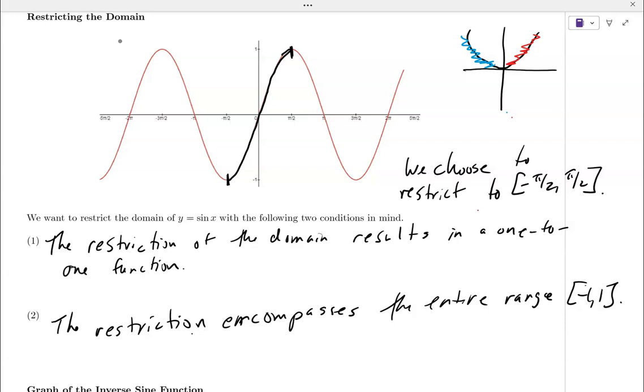Now, one of the things that this choice does is, remember, we're changing inputs to outputs, and outputs to inputs. If you think about sine of an angle equals a number, we're going to do inverse sine of a number gives us an angle, okay? Where do those angles have to end up?